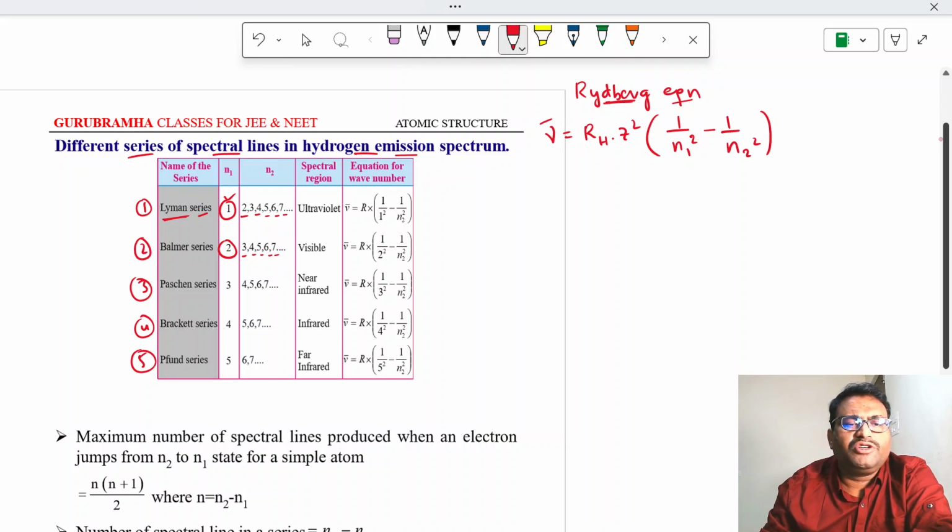In the Balmer series, to which energy state is the electron coming? It is coming to the second energy state. In the Paschen series, the electron is coming to the third energy state, so n1 is equal to 3. In the Brackett series, the electron is coming to the fourth energy state, so n1 is equal to 4. So when you apply n1 and n2 in this Rydberg formula, for the Pfund series n1 is equal to 5.